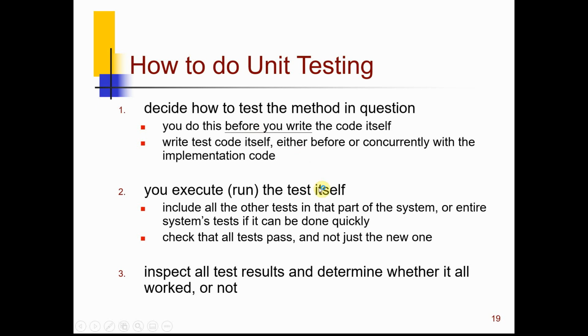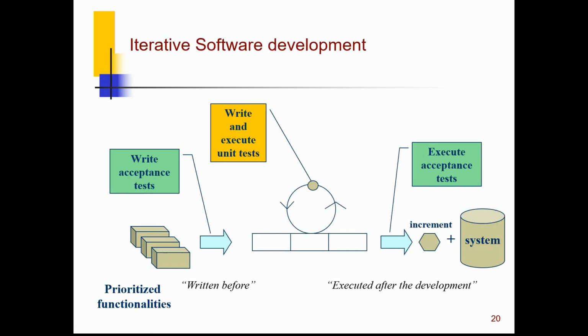You run the test yourself, and you inspect all the test results and determine whether it all works. So here you have all the test cases. When you write the code, you write the test case as well. When you finish writing the code, you run all the test cases automatically to make sure they pass. So the coding and the unit testing are the responsibility of the developer.